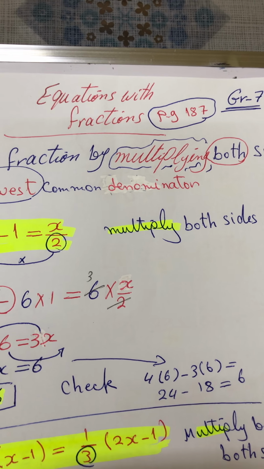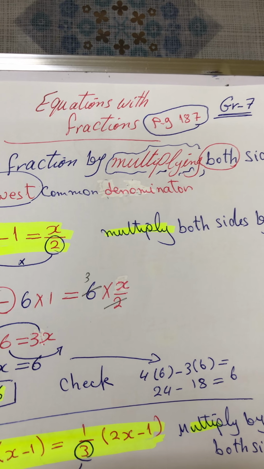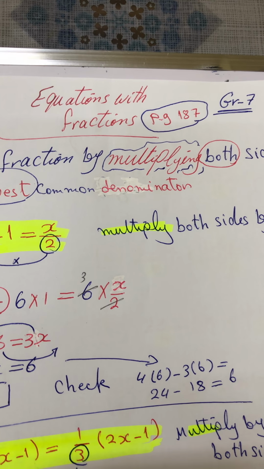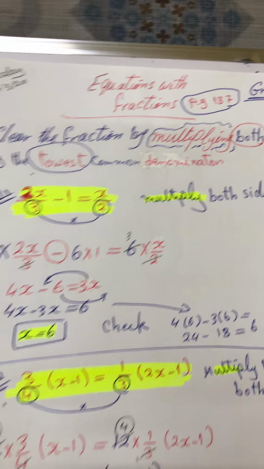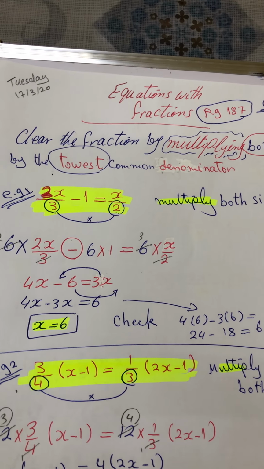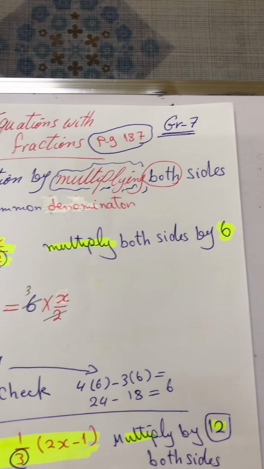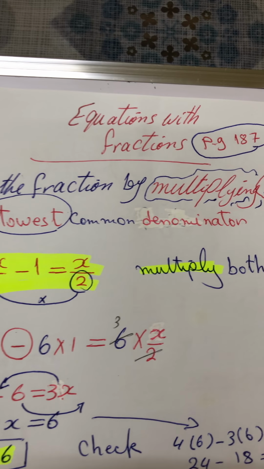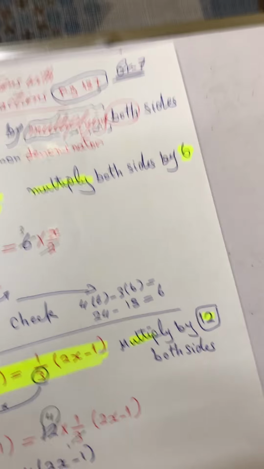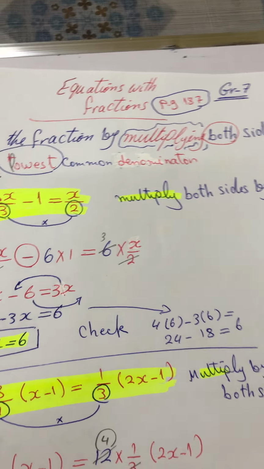Why? Because both sides of the equation can be multiplied by the lowest common denominator. Why? To clear the fraction. So we can say: clear the fraction by multiplying both sides by the lowest common denominator.